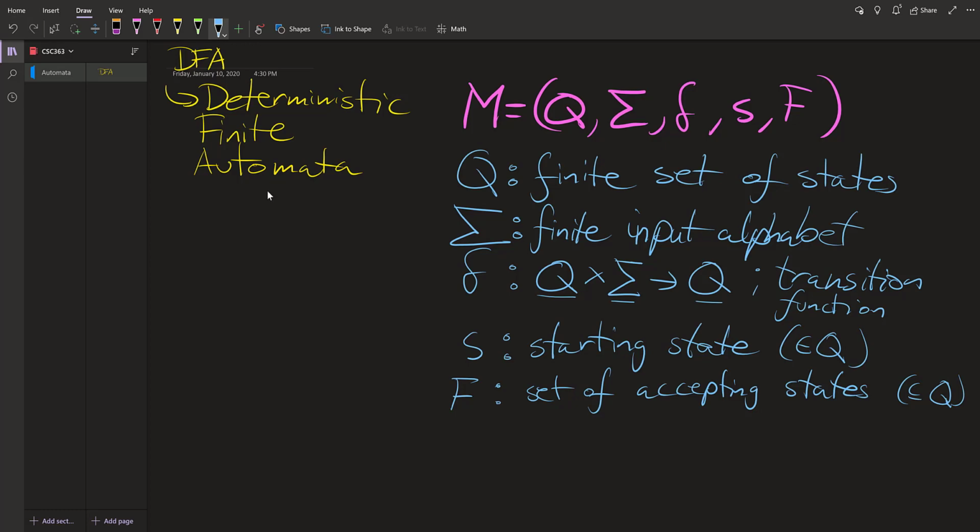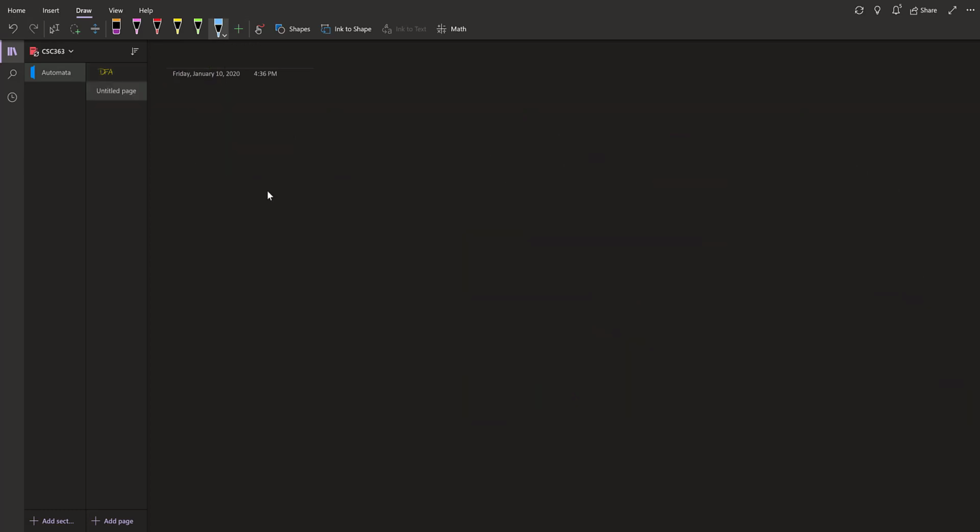It's this 5-tuple. When we have it, we have this machine M, a DFA, and there's a couple other ideas we need to consider. Let me write on a new page. We talk about accepting strings, and I was mentioning this earlier.